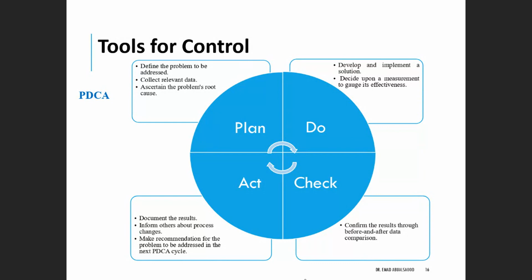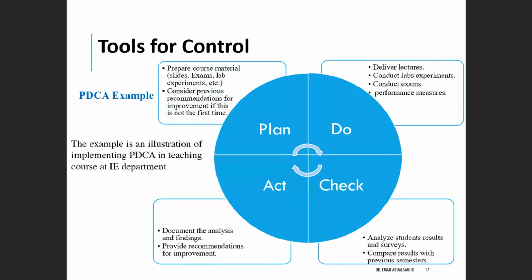As we will see now in the example here, I brought it from our life in the school, when we implement the PDCA as a continuous improvement for teaching IE courses in the Industrial Engineering Department.